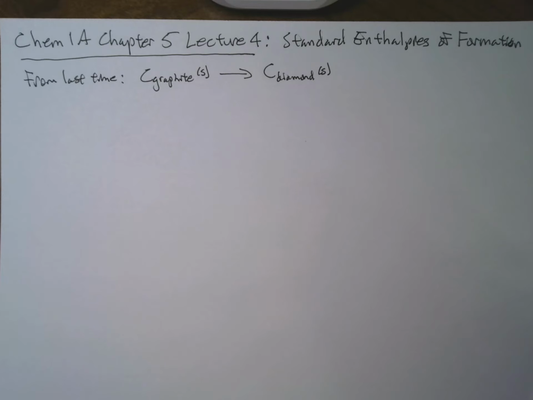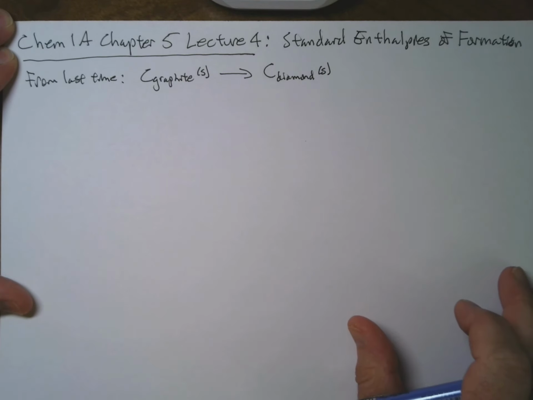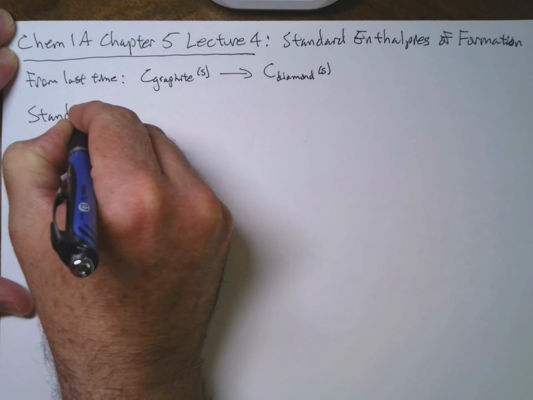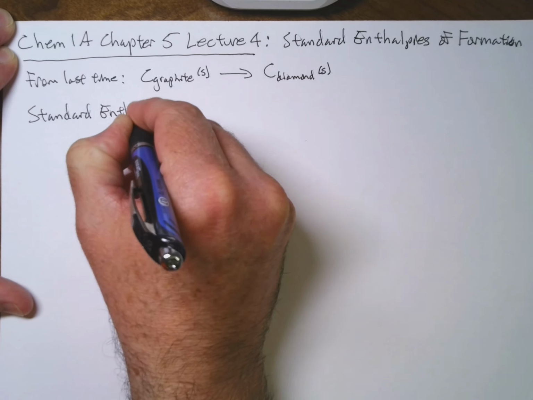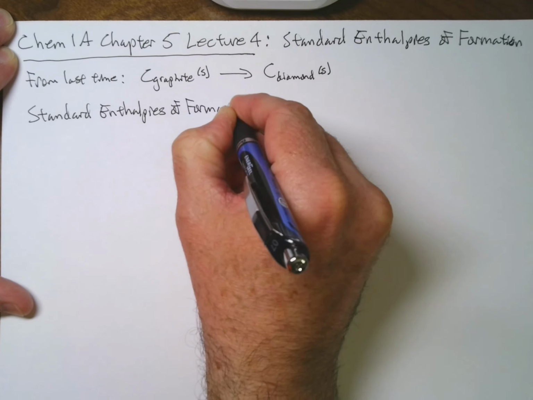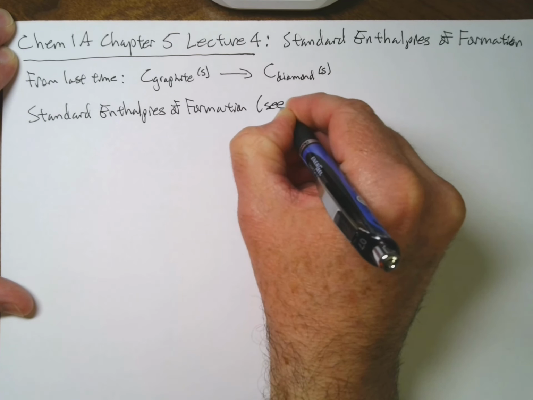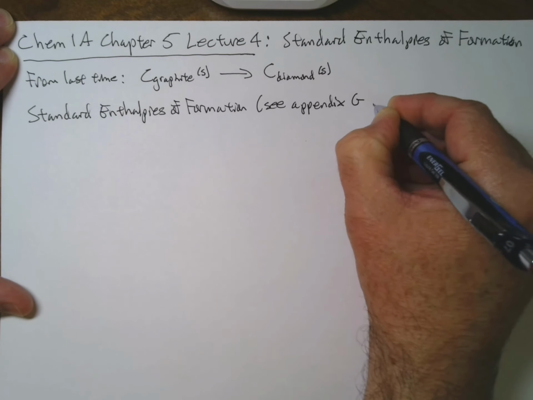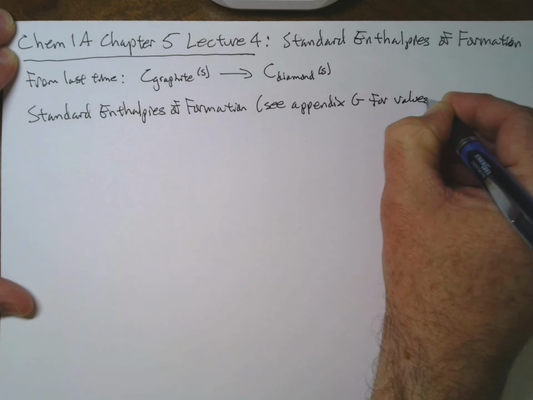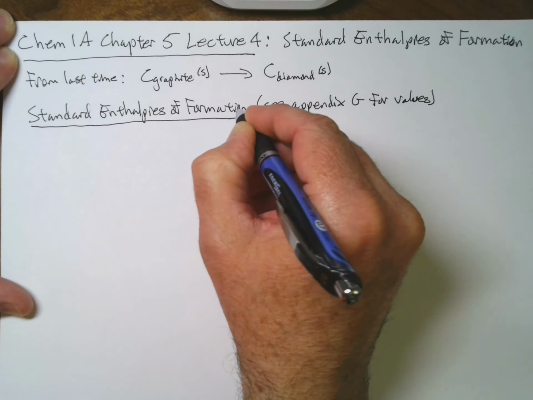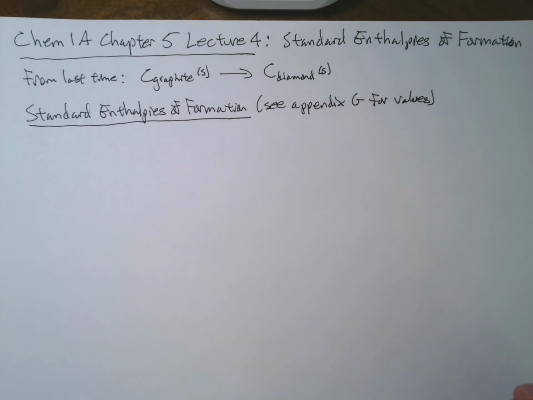A similar method uses what are called standard enthalpies of formation, and you can see Appendix G for values. Maybe I'll pull out Appendix G and post that as a separate PDF so you don't have to go wading through the whole text PDF.